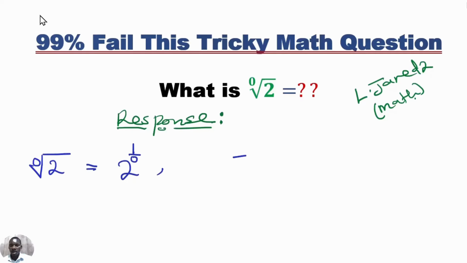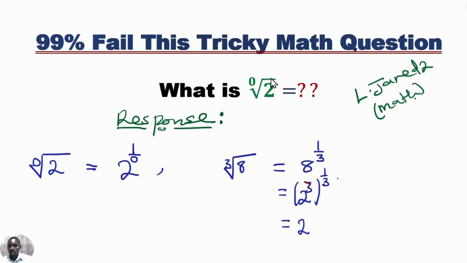If I have the cube root of 8, this is the same as having 8 raised to power 1 divided by 3, which gives me 2 raised to power 3, then again raised to power a third, whereby our final result becomes 2, since this 3 cancels with this after a multiplication and we remain with 2 power 1, which completely gives us the answer to be 2.